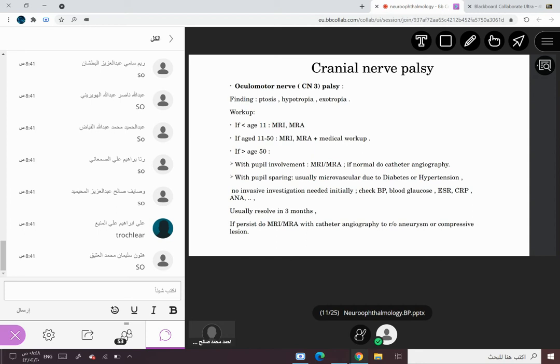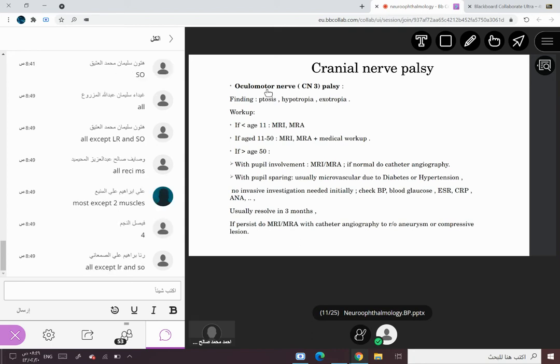What are the muscles supplied by the third cranial nerve? We just mentioned it. Yes, all except lateral rectus and superior oblique. Correct.